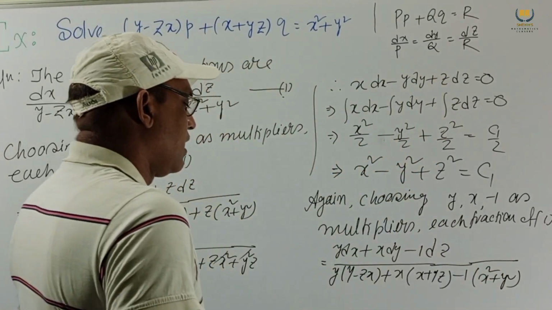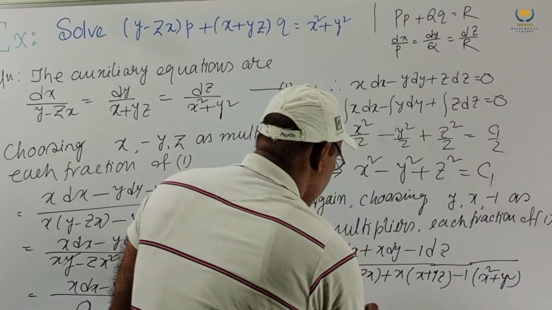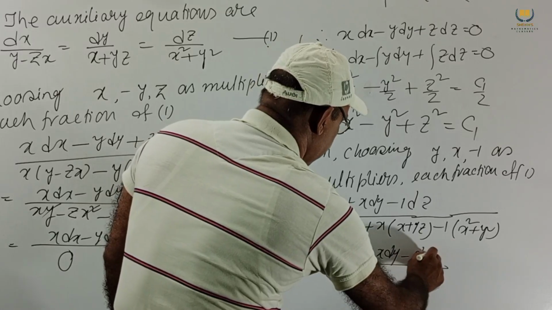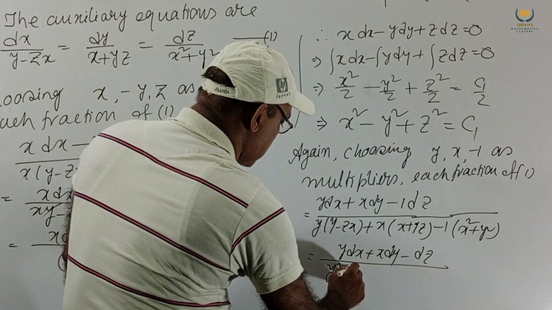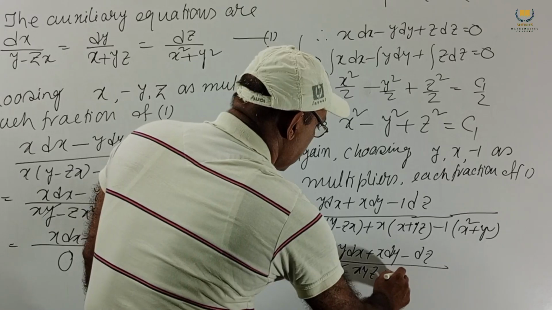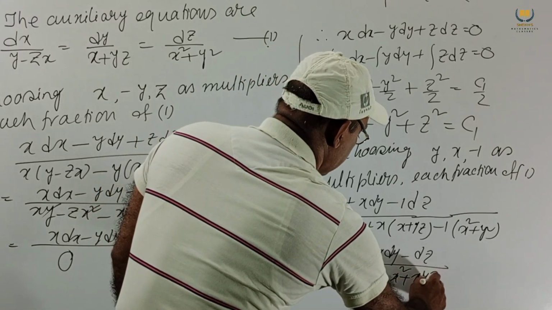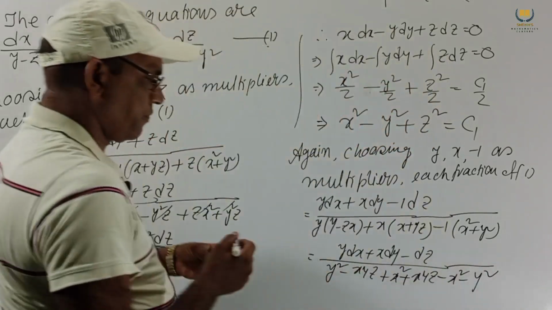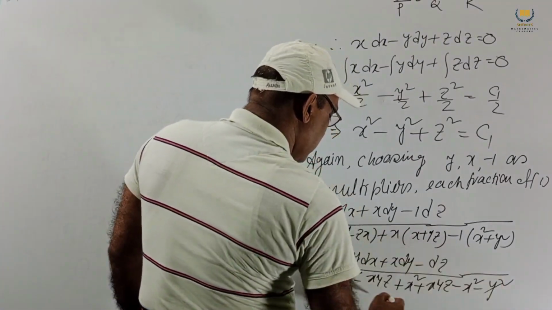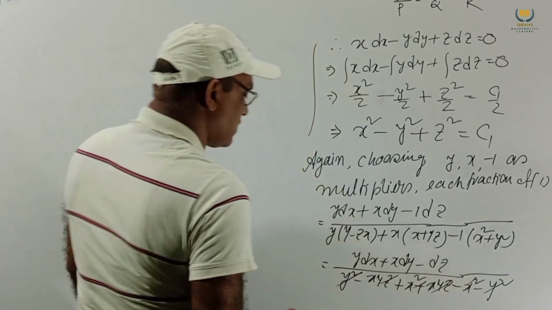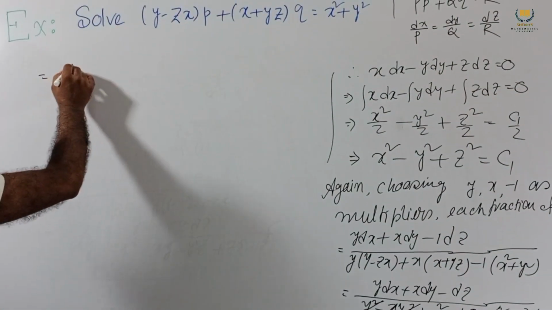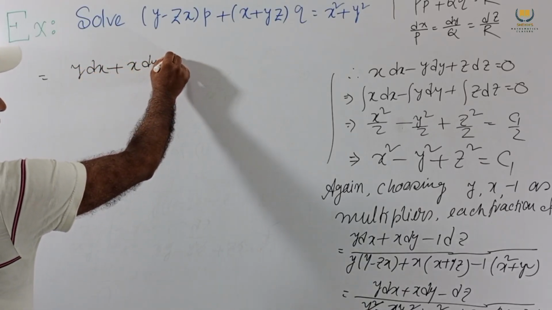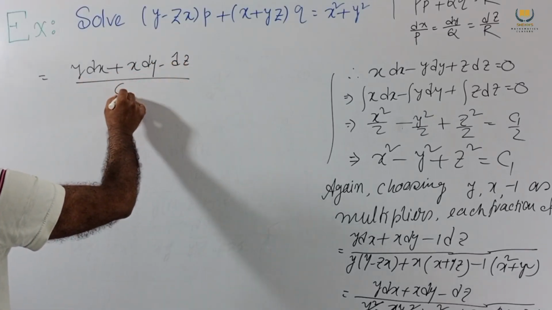We get this. This will be y dx + x dy - dz by y² - xyz + x² + xyz - x² - y². So y² cancel, xyz, x² cancel. We get denominator is 0. So what we get, y dx + x dy - dz by 0.